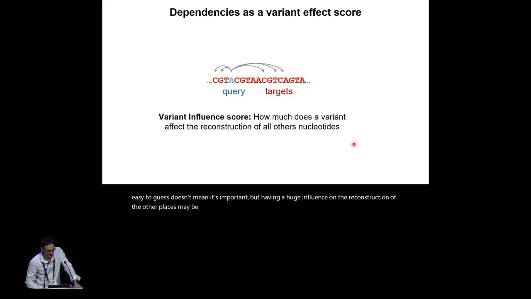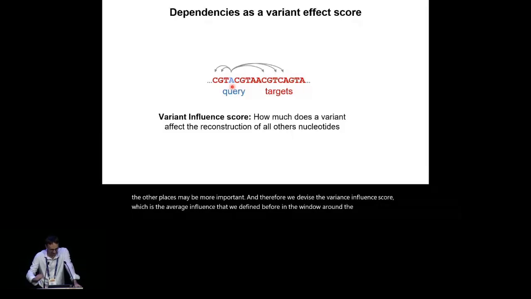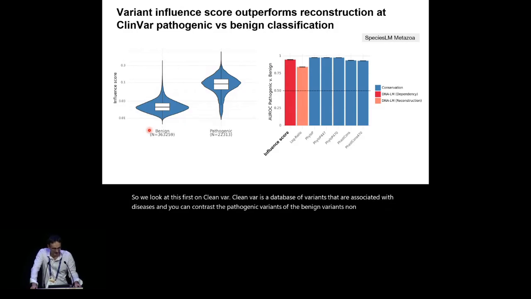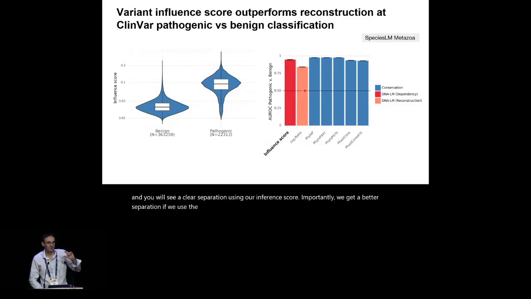And therefore, we devised the variant influence score, which is the average influence that we defined before in the window around a particular base. So we look at this first on ClinVar. ClinVar is a database of variants that are associated with diseases, and you can contrast the pathogenic variants and the benign variants, non-coding here. And you see a clear separation using our influence score. Importantly, we get a better separation if we use the influence score than if we use the likelihood ratio of the base.